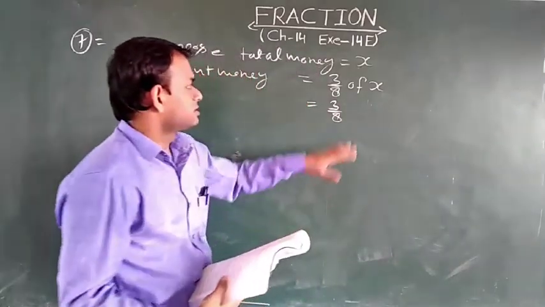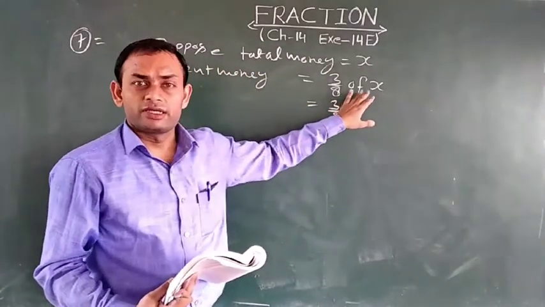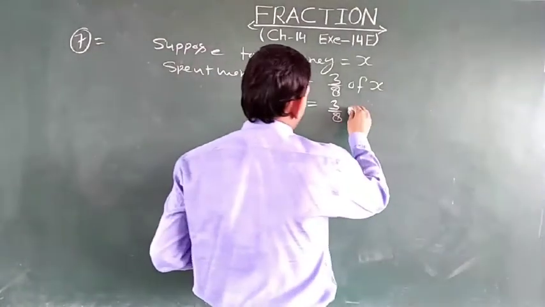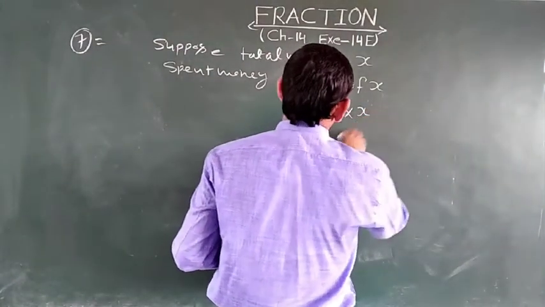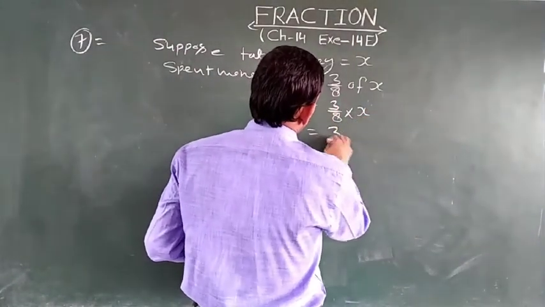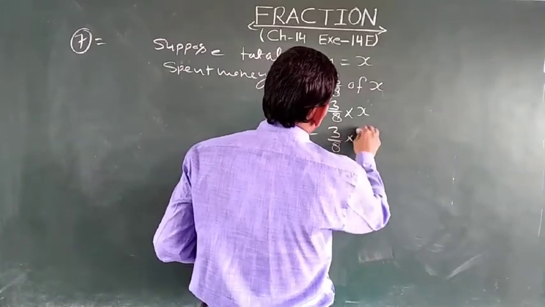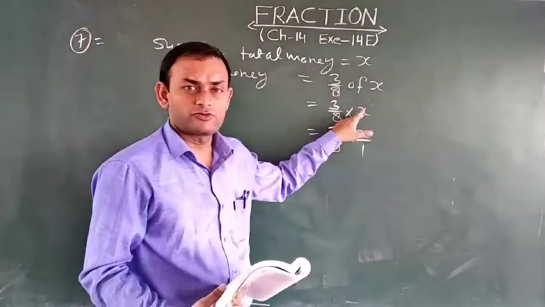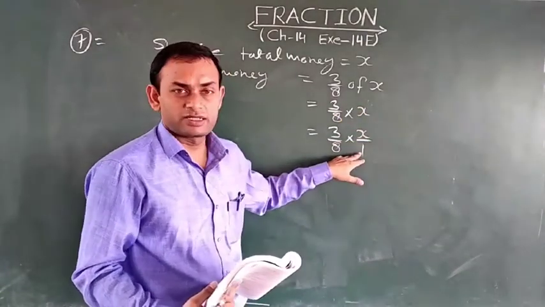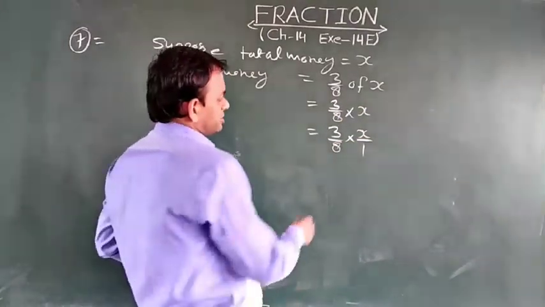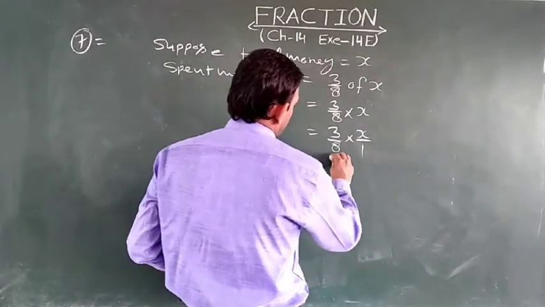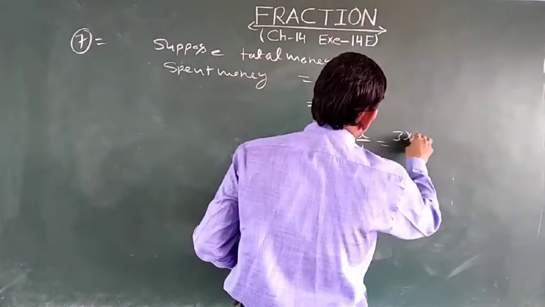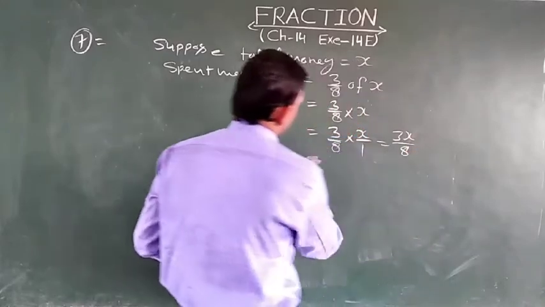We will write the sign of multiplication in place of 'of', and X will remain the same. So it will be 3 by 8 into X upon 1. X is not a fraction, so we make it a fraction by writing 1 in the denominator. Now we will multiply, so it will be 3x upon 8.